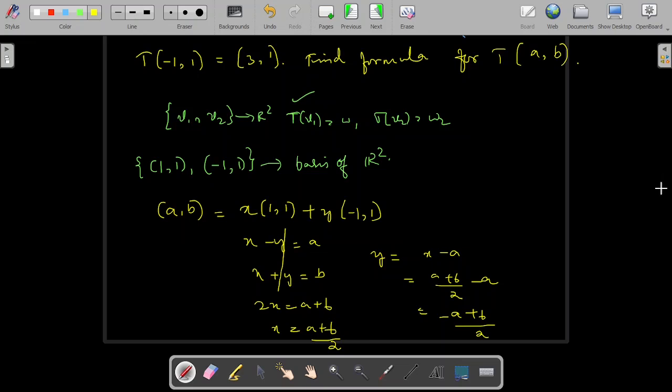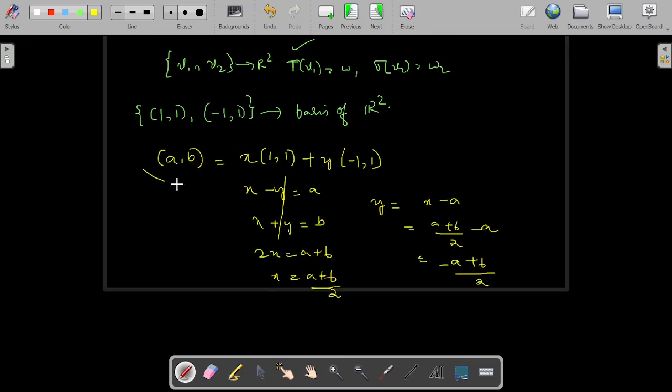So you got the coordinates of these vectors. (a, b) with respect to this basis has coordinates (a plus b) by 2 and (minus a plus b) by 2.